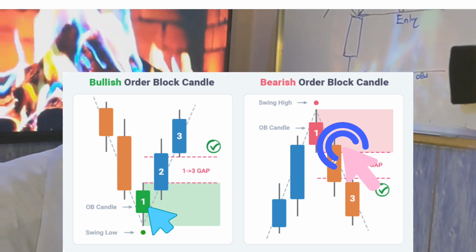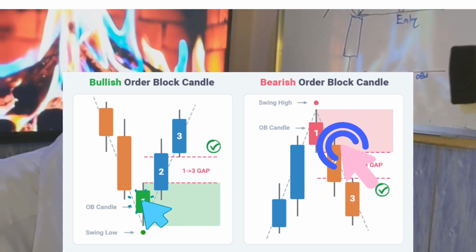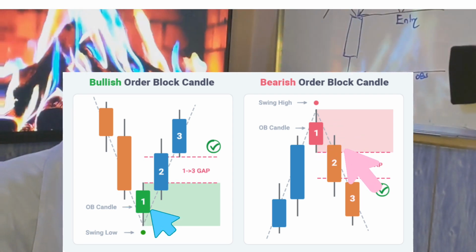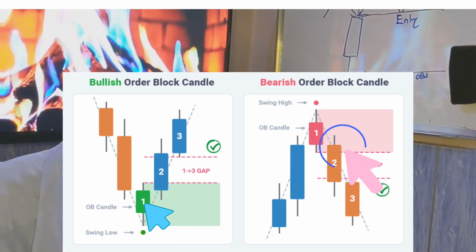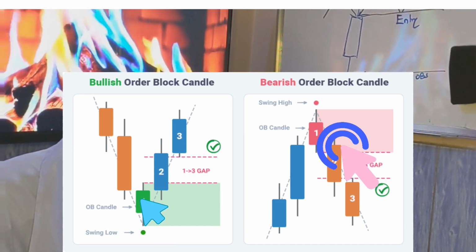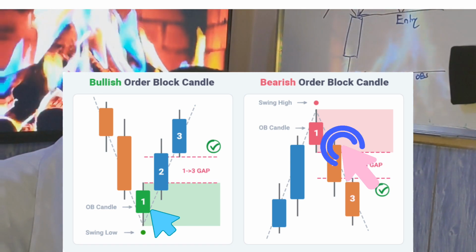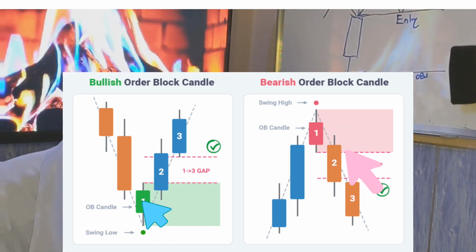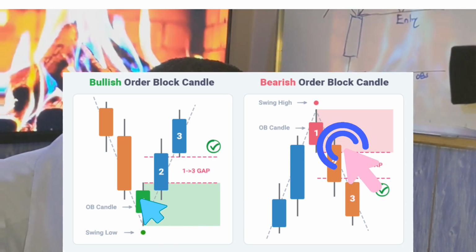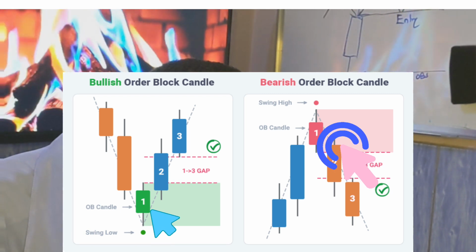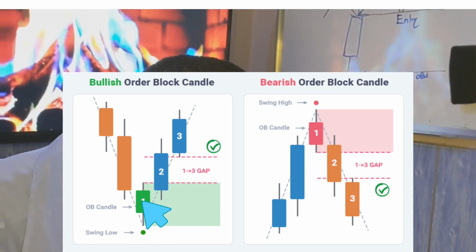Let's check on the chart. This is our candle to draw an order block, and it has closed below the previous candle low. Now this is the valid order block. So the closing of the candle below the previous candle low makes it a valid order block.